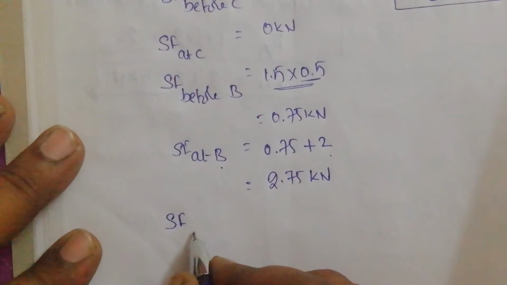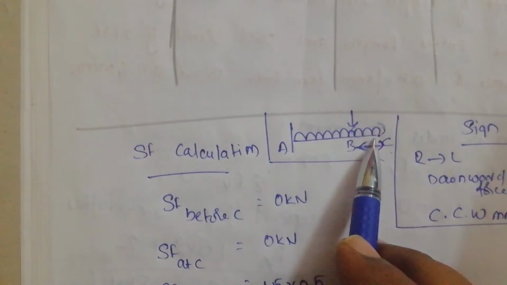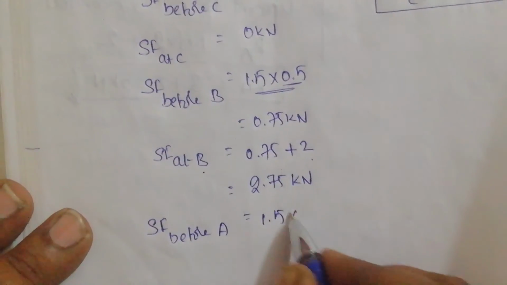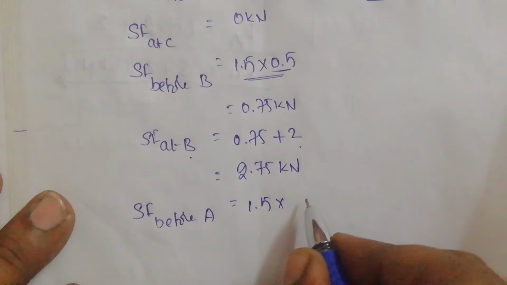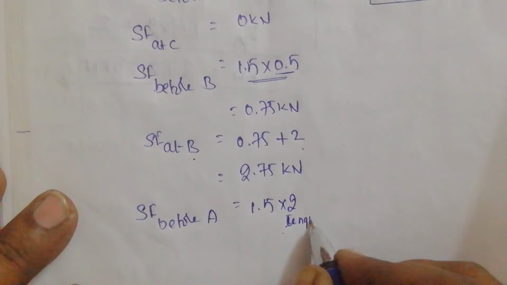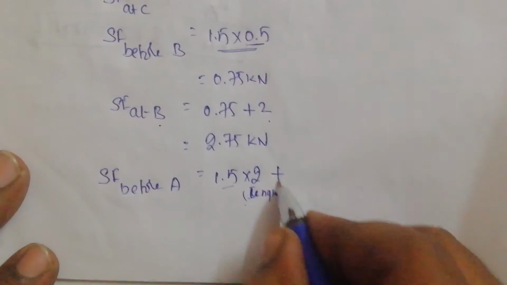Next is shear force before point A. Before point A means we are having the entire UDL as well as the point load. So entire UDL means 1.5 into the entire length of the load, that is 2. This is the length. I will write the length here so that you should not get confused. 1.5 UDL, 2 is length, plus 2.